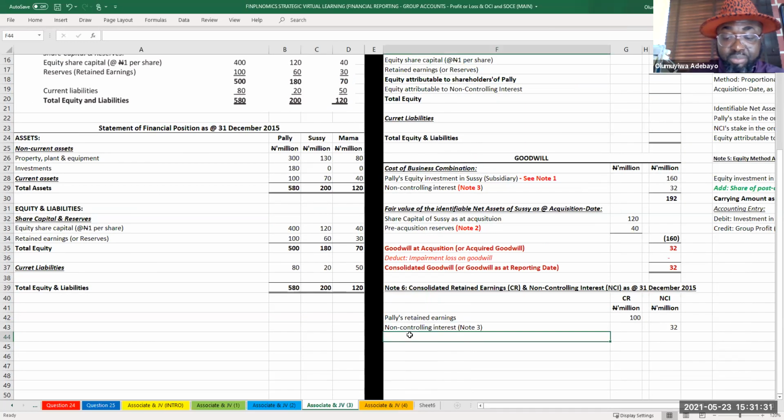Next is the share of post-acquisition profits of Suzy, which is the subsidiary, and you share that in what ratio? Ratio 80-20, since the parent owns 80.